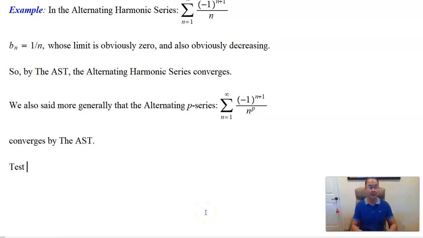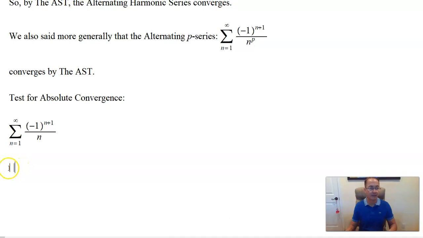Okay, so test for absolute convergence. So instead of this series, we are going to put absolute values around them. Okay, I had to go backstage and grab some absolute value bars. So we are going to take our terms and we will put them inside absolute values like that.